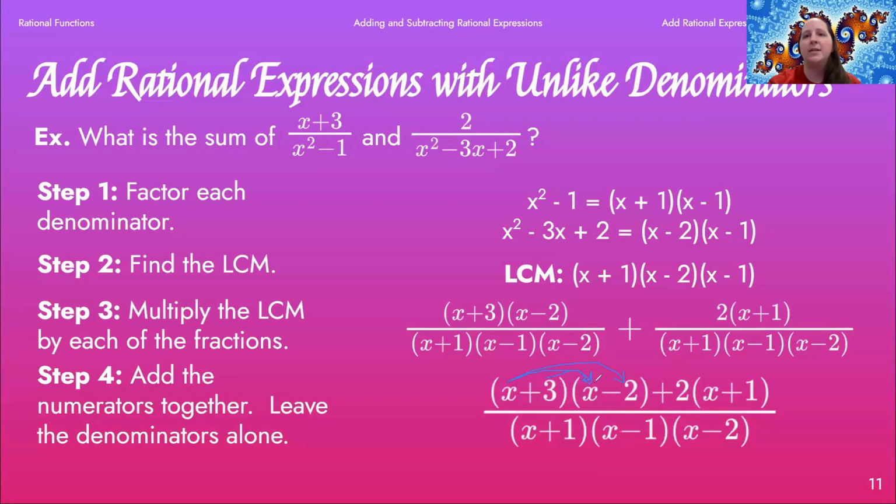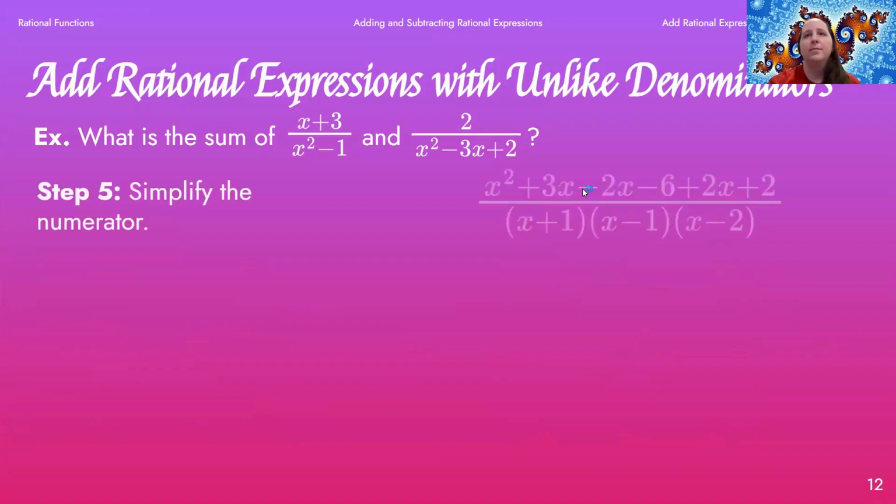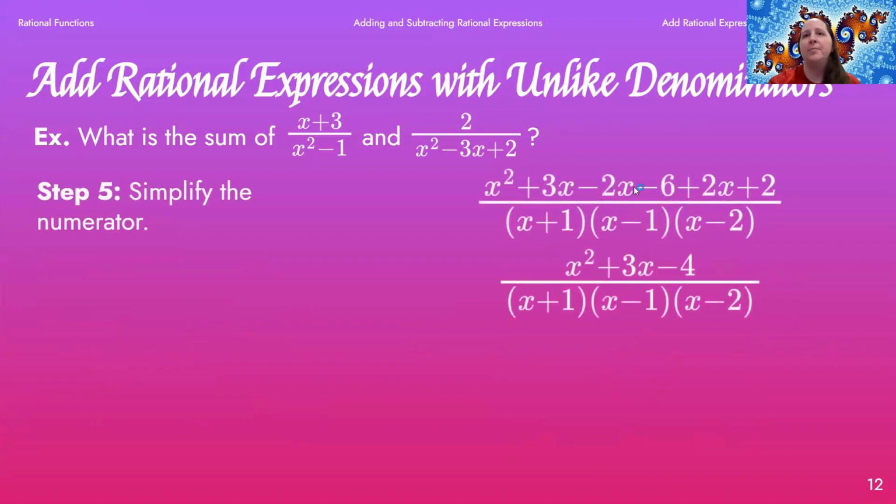So remember, I have x times x, x times -2, 3 times x, and 3 times -2. And I'm also distributing this 2 to everything inside the parentheses as well. So that's where I'm getting these values from.